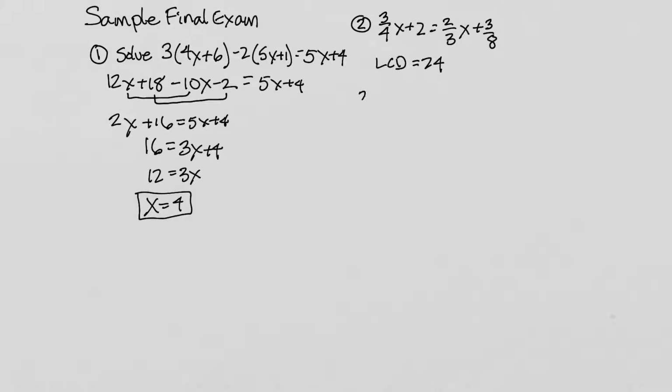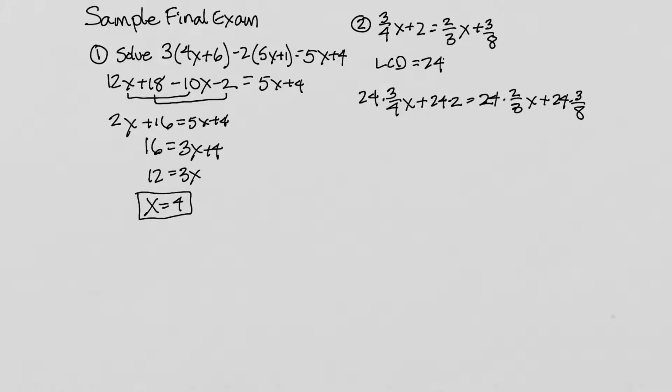So we're going to have 24 times 3/4 x plus 24 times 2 equals 24 times 2/3 x plus 24 times 3/8. So what we did here is we took this LCD, this 24, and we wrote it right in front of all the originals. I put it here, here, here, and here. And you can see that right here.